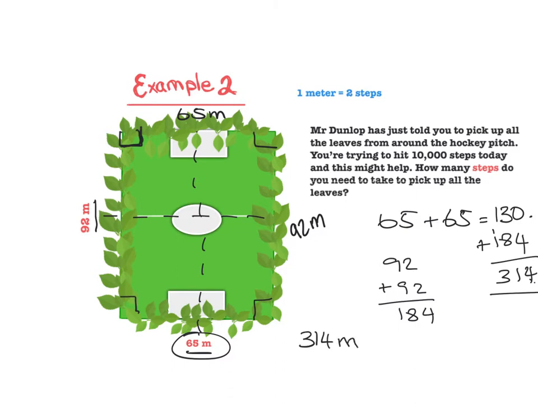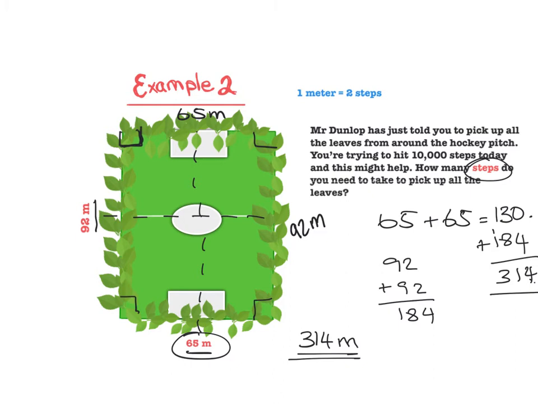So let's read the question. Mr. Dunlop has just asked you to pick up all the leaves from around the hockey pitch. You're trying to hit your 10,000 steps today, and this might help. How many steps do you need to take? So now we know the distance that you have to walk, but how many steps will that take?